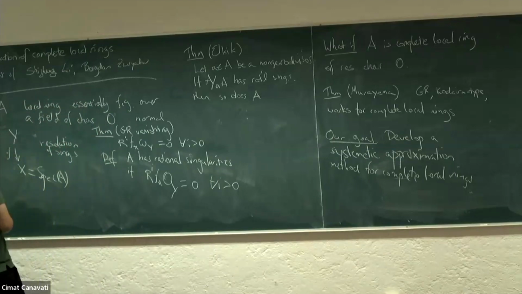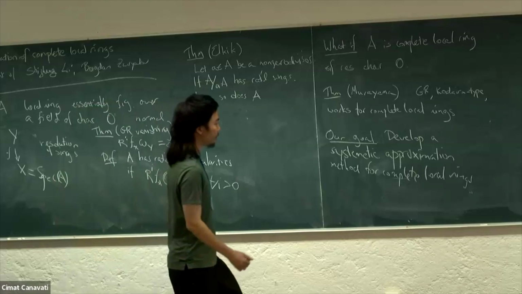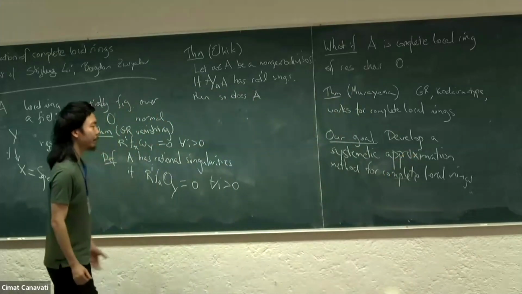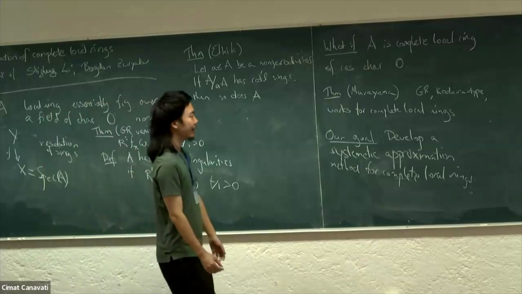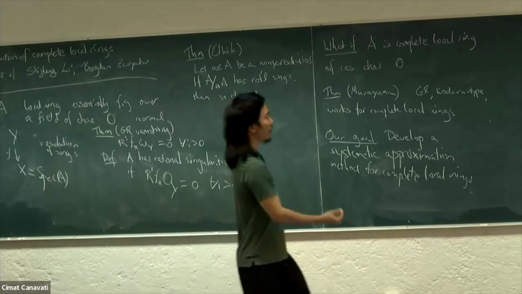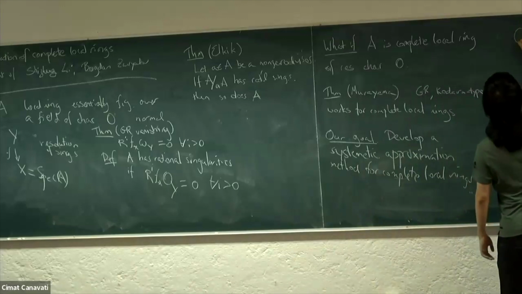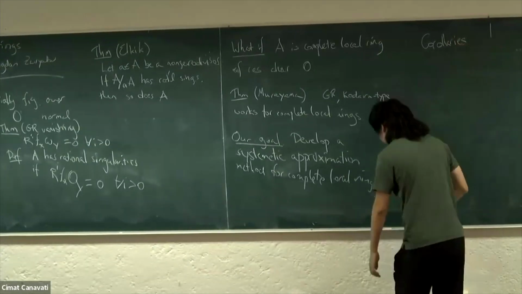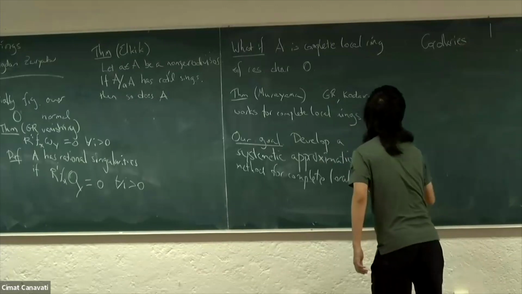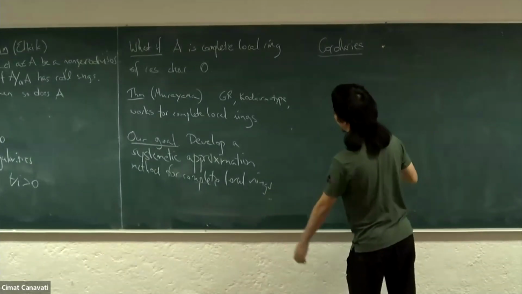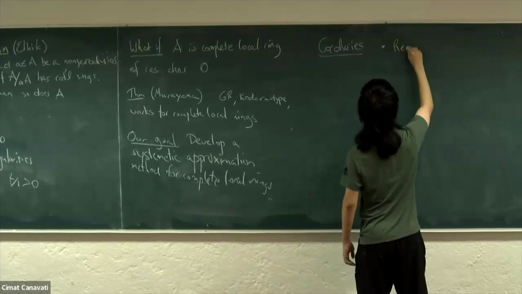Yeah. All right. And it turns out that there are many things that we can do, and our result will give you many corollaries. So, for example, our approximation method will recover Zavyalov's result.